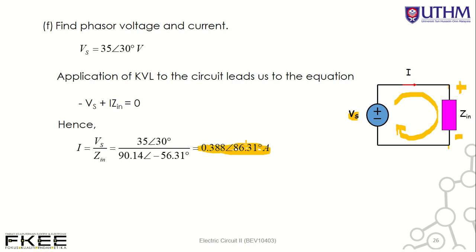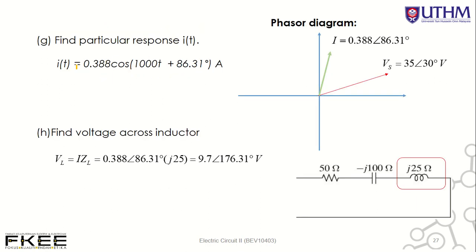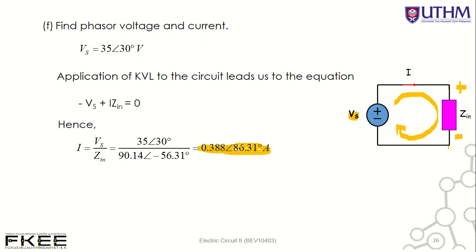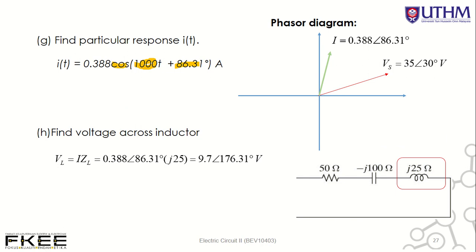The question asks you to write in time domain, so you can convert this from polar form to time domain. i(t) equal to this magnitude times cos of omega t, where omega is equal to 1000, plus this angle. Is it clear?